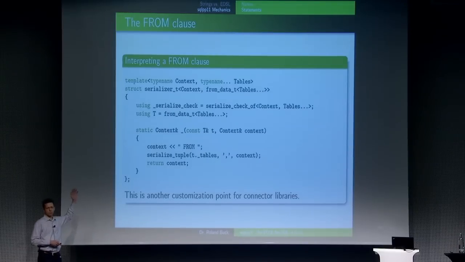You use the context of your database as a parameter for the partial specialization and just do what is required for your database. And this way, somebody has to write the connector library and take care of all these special features, but once that's done, you will probably not run into database-specific problems. So migration is much less of a problem due to stuff like this.